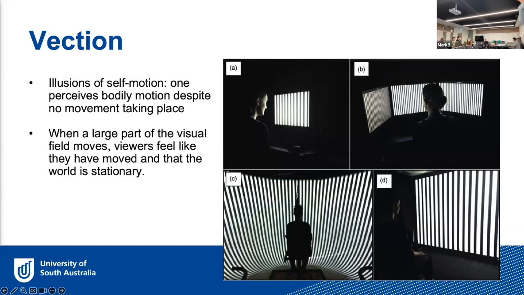So if you're wearing an HMD, your whole visual field is surrounded by the virtual environment, and if the virtual environment slightly moves, then you feel like you're actually moving in that direction.